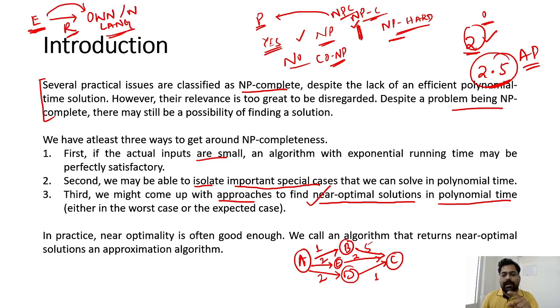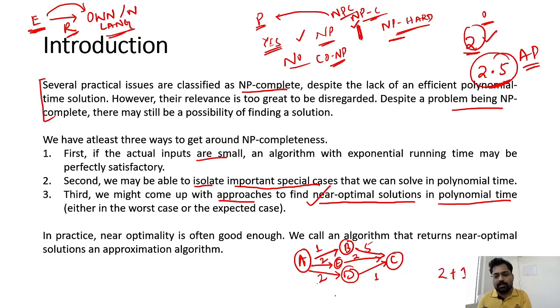So whenever we are finding the distance, this is our source, this is our destination. Whenever we are finding the distance from A to C, there are 3 different ways we can pick. Try to understand, this is just an example. To find the optimal solution, meaning the shortest path from A to C, the shortest path is 2 plus 1, which is 3.